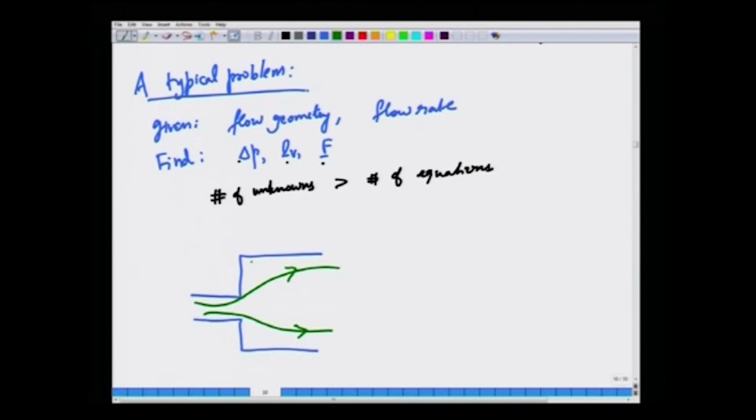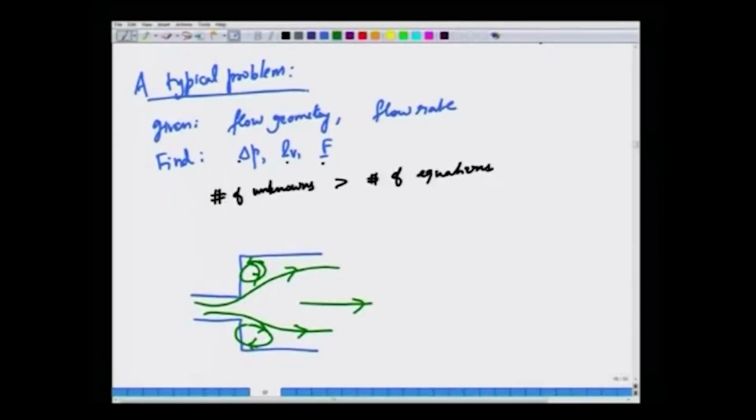Because of the sudden expansion, there are recirculating zones of fluid, and this leads to loss, because some of the energy that you are trying to supply to make the fluid flow in this direction is lost in making the fluid go round and round in this sort of dead pocket. So, this is a reason why expansion always has losses.